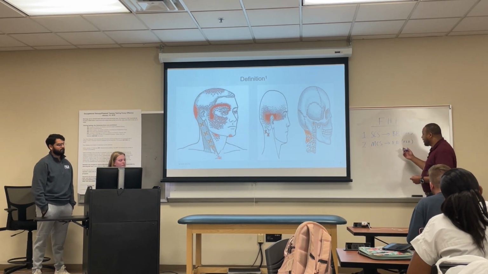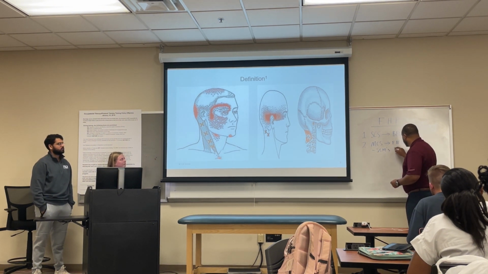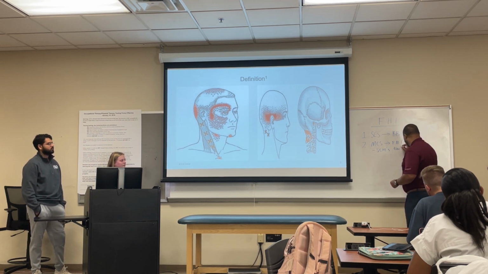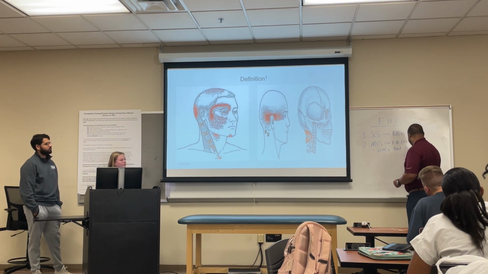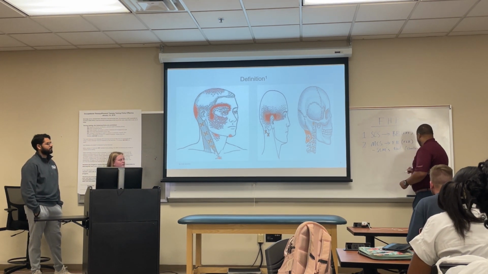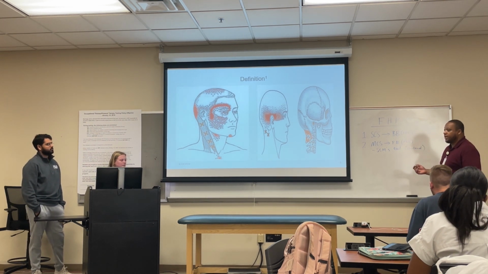So what happens is, I'm going to put a little bullet up under here. The SCMs become taut, or I can say shortened. And that can cause a problem. What nerve innervates the SCM?